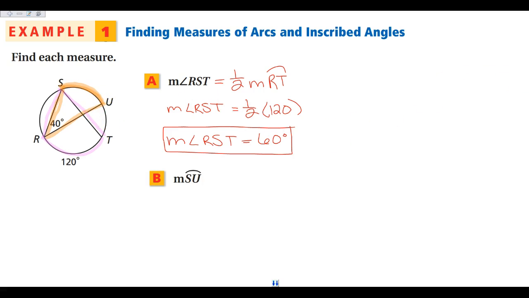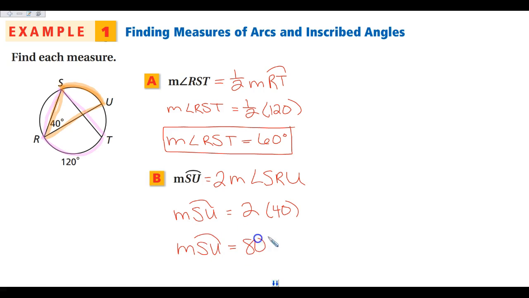So I know that the angle is half of the arc, which means that I can also say that the arc is twice the measure of the angle. So if I do twice the measure of angle SRU, that's going to give me the measure of arc SU. So the measure of arc SU is going to be 2 times 40. So the measure of arc SU is going to be 80 degrees.